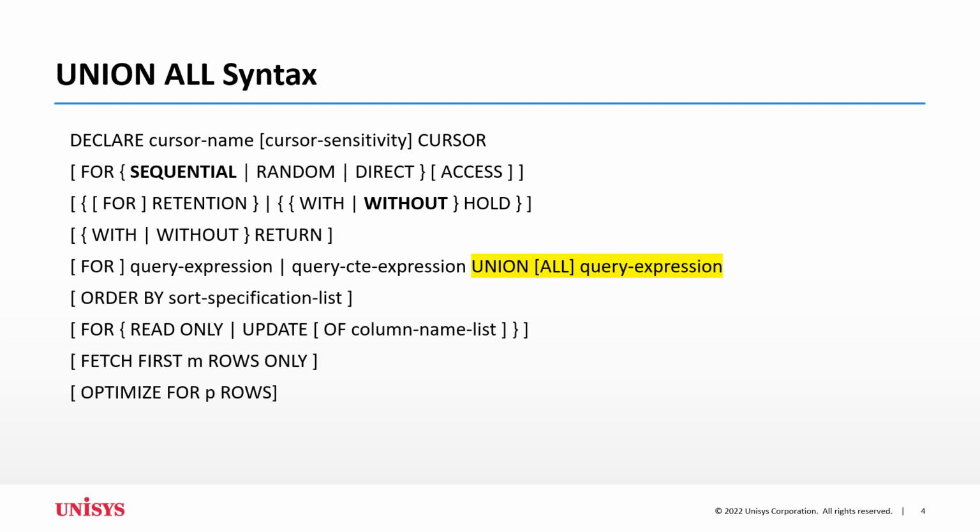You can now get result sets from union or union all to contain rows from derived tables and common table expressions as well as base tables.